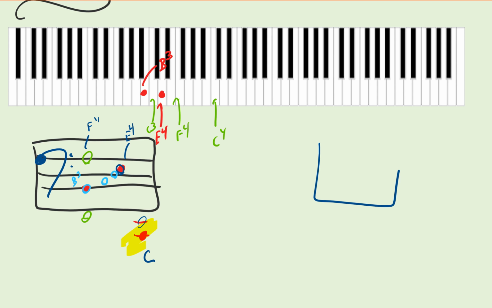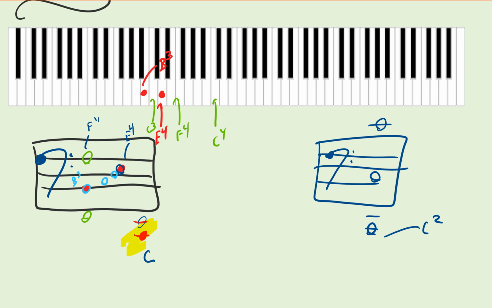So remember, on our bass clef, this value here is going to be C4, and then this value is going to be C3. That means this value is going to be C2. So if that's C2, well, where is that exactly? Well, recall that this value here is going to be C1. That means the next C in sequence is going to be C2. So that's what this value here is.